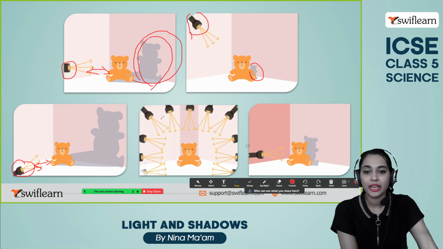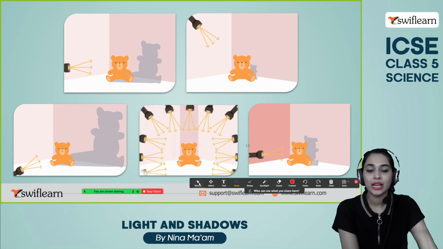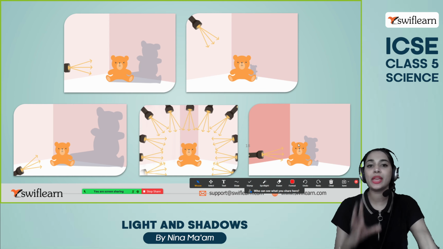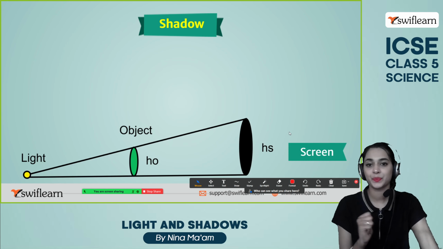But if a lot of torchlights are present over there and we cannot find a shadow, so over here it's direct, so that is why the shadow just formed right near the bear. Which means the size of the shadow and the direction of the shadow will vary depending upon the source of the light and direction of the light.